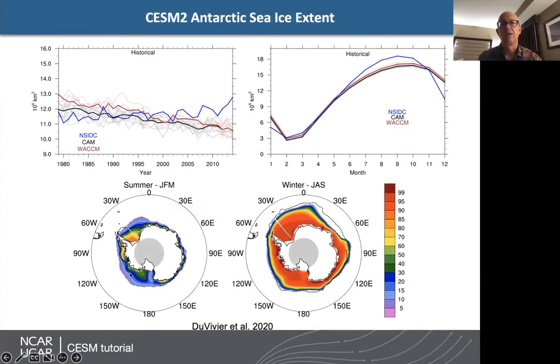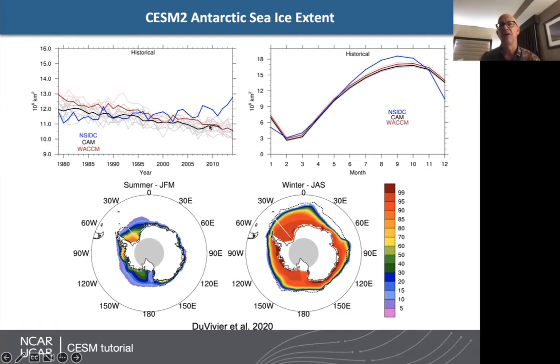And then similarly in the Antarctic, I talked about this initially, but the trends in the Antarctic are actually slightly positive. And this is before the big recent drops and so forth. So this is actually a bit of a problem in the model, that we can't really capture this flat or slightly increasing trend.